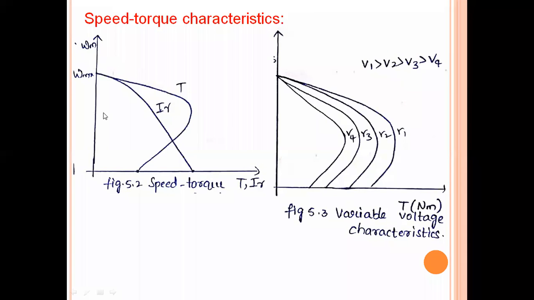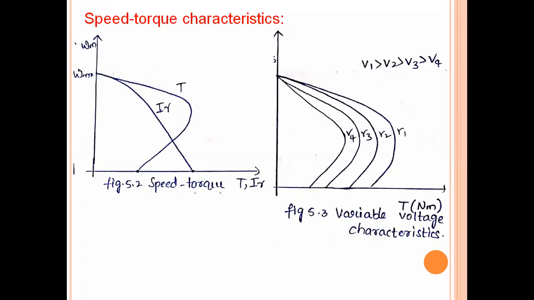Now let's discuss the first figure, which is the speed torque and speed current characteristics. Both the rotor current, which is IR, and the torque T are zero at synchronous speed. See, this is the synchronous speed point.